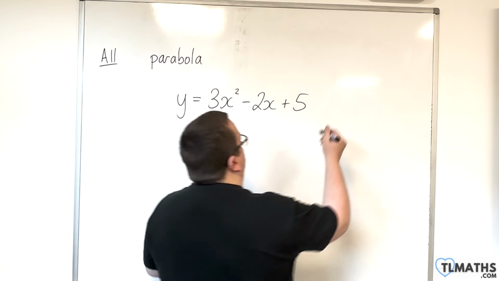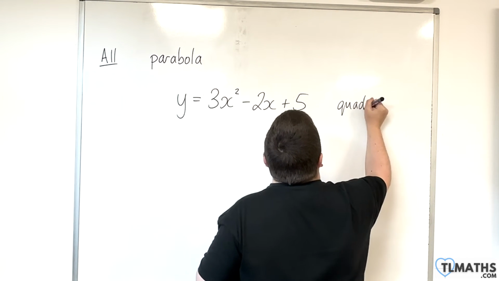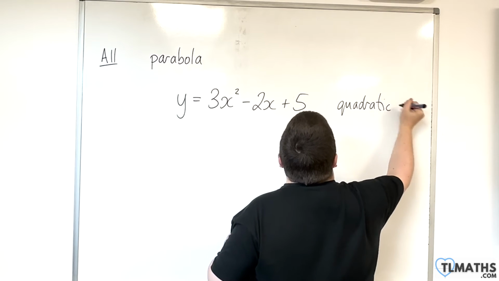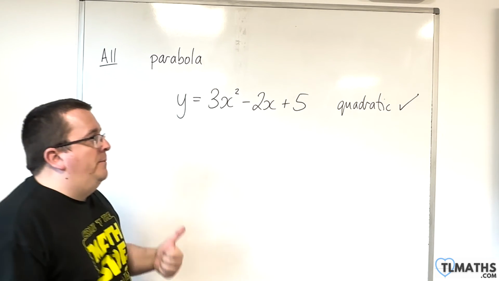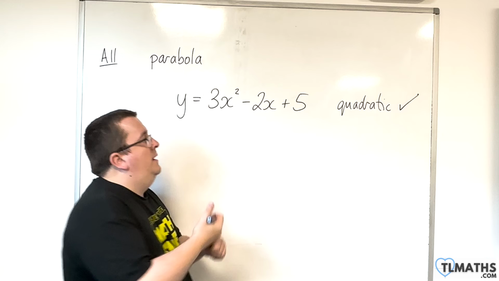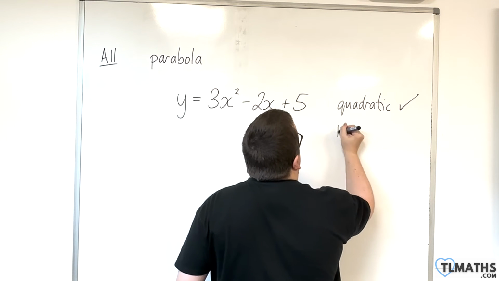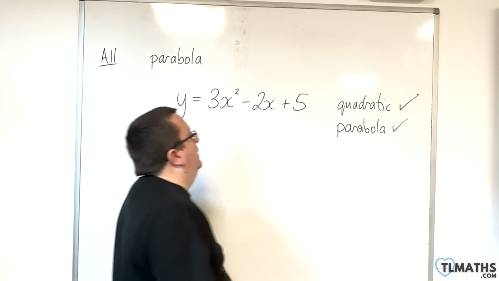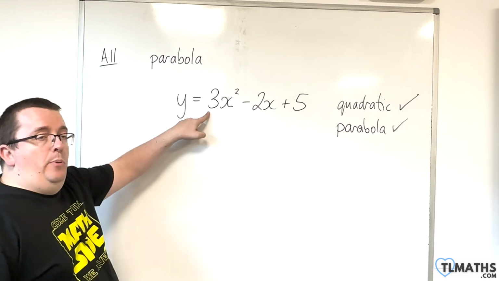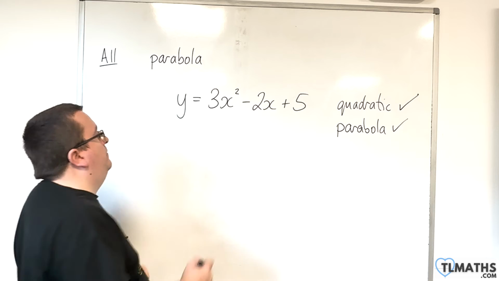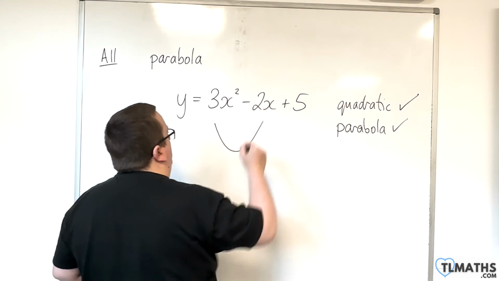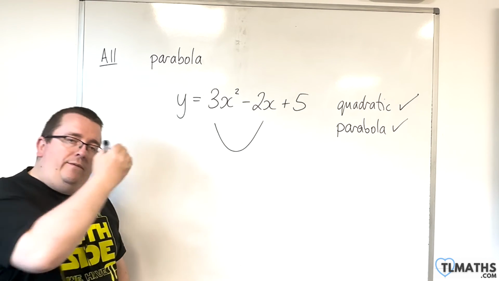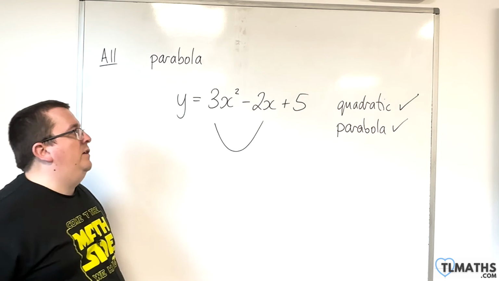Okay, so it is a quadratic. And because it's a quadratic, its shape will be a parabola. Because it's a positive 3 at the front, its shape will be something like this. It will have that U shape, okay, and it will be that way up.